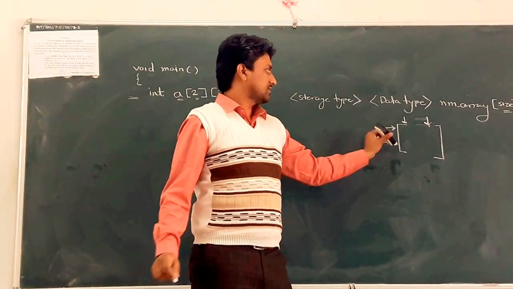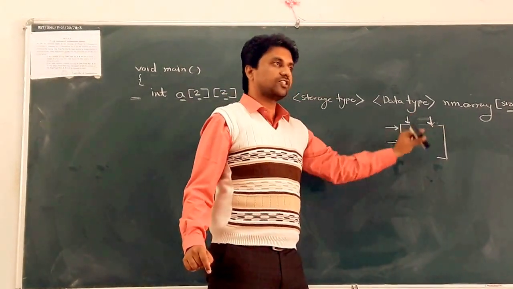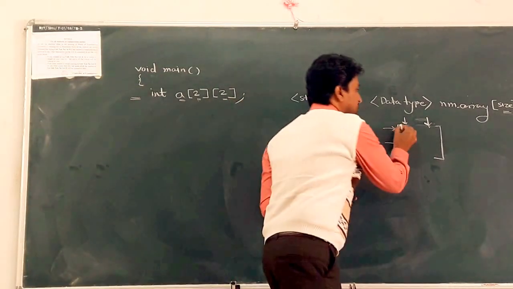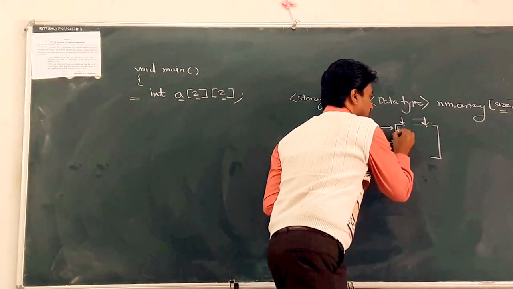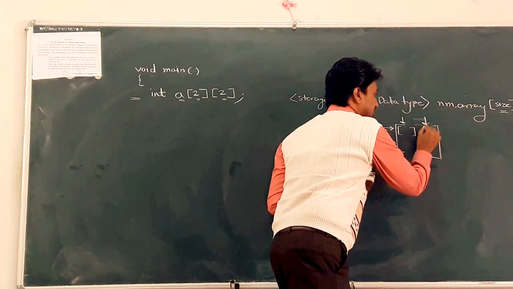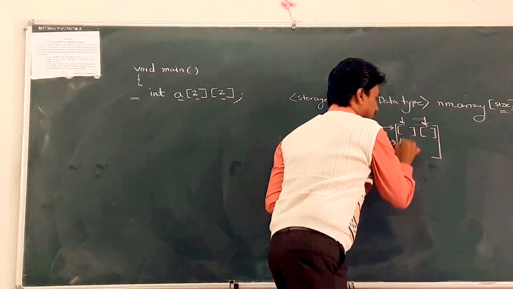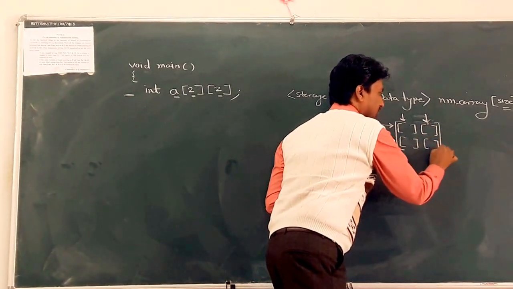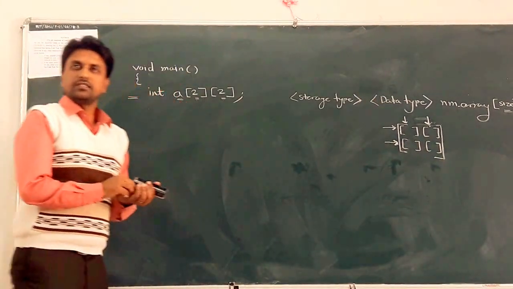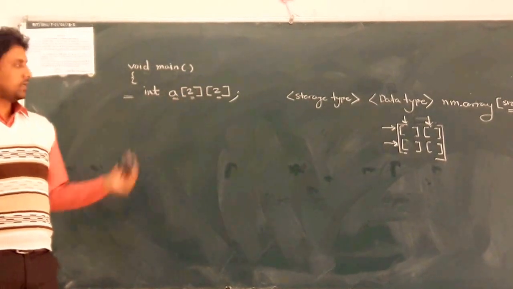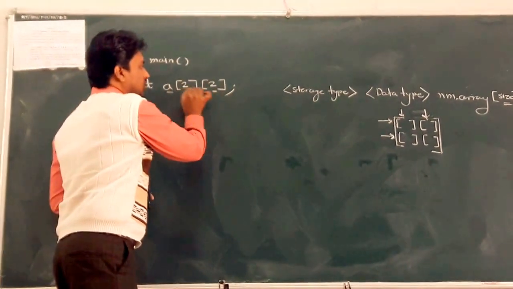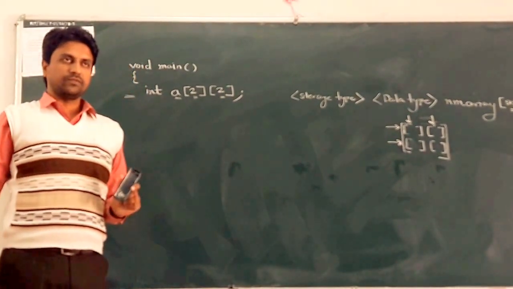This is actually the graphical representation. First element in that array is stored here, second here, third and fourth. Okay, this is a 2 by 2 matrix. This is called declaration of the array.